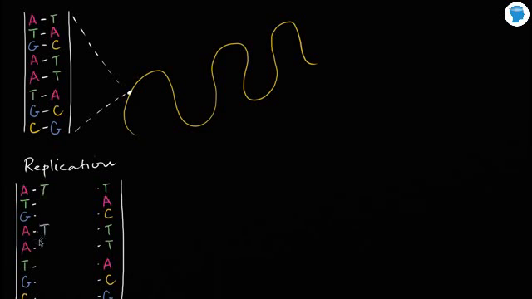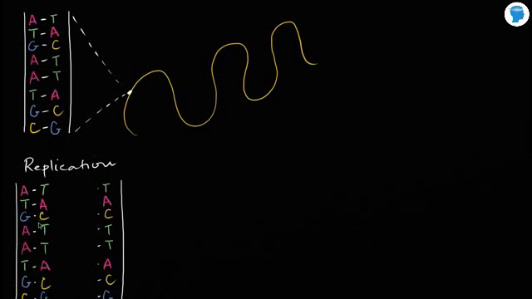So adenine pairs with thymine, just like that. Thymine pairs with adenine. Let me do that a little bit neater. Thymine pairs with adenine. Guanine pairs with cytosine. Cytosine pairs with guanine, falling a little bit down here. And just like that, I was able to construct a new right-hand side using that left-hand side.